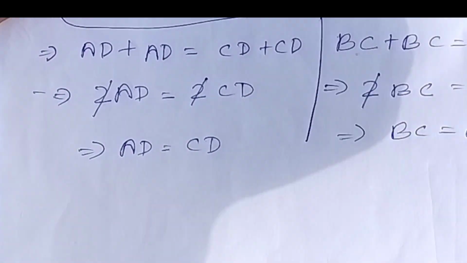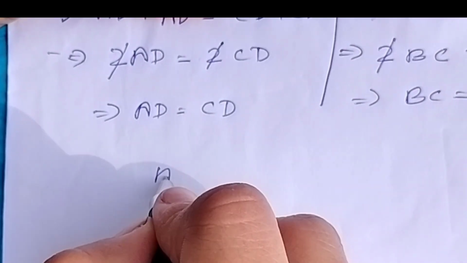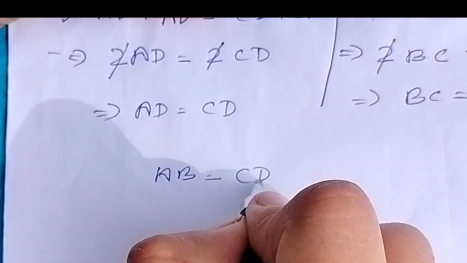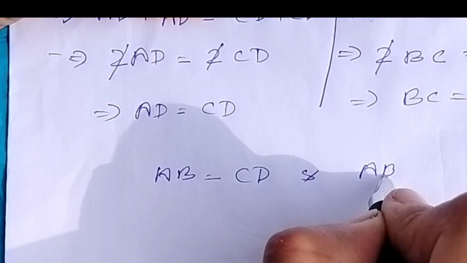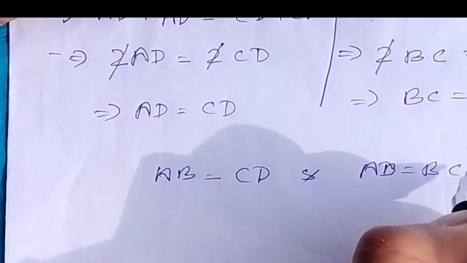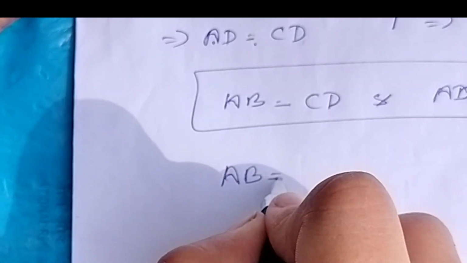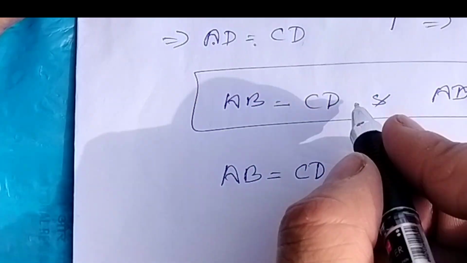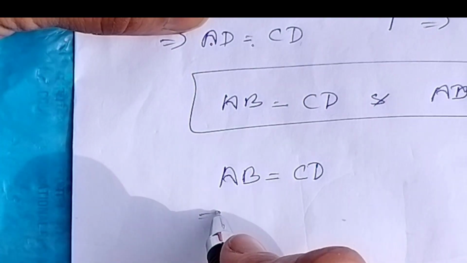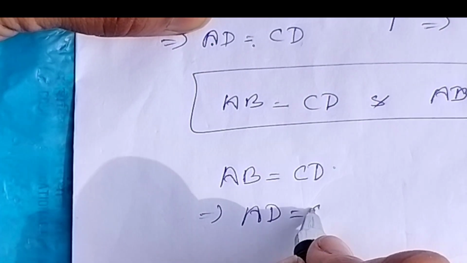Since we already know that two opposite sides of a parallelogram are equal, AB is equal to CD is already there, but what we got from here is AD is also equal to CD.